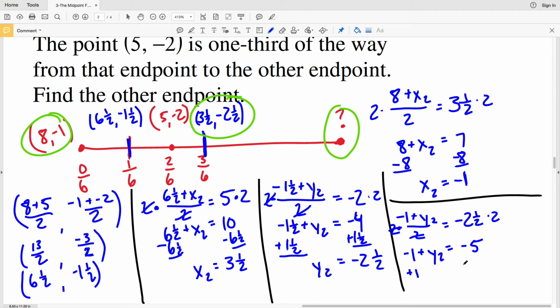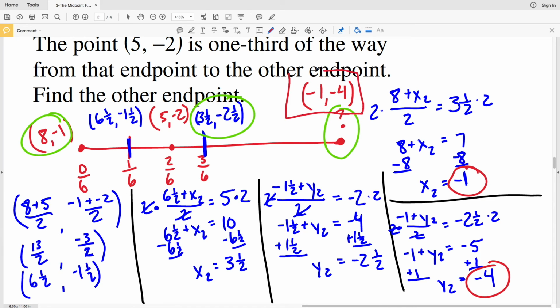So when I add 1 to both sides, I'll get that y2 is equal to a negative 4. So for the other endpoint, my x coordinate is negative 1 and my y coordinate is negative 4. So my other endpoint is negative 1, negative 4.